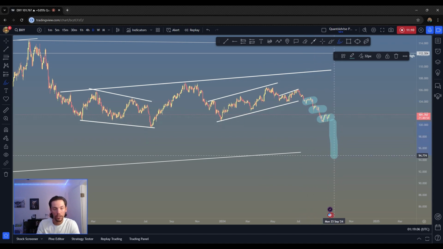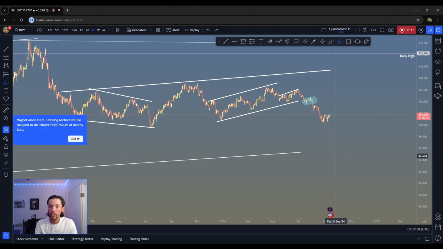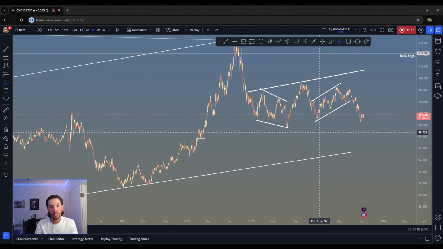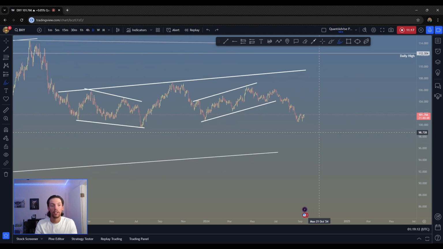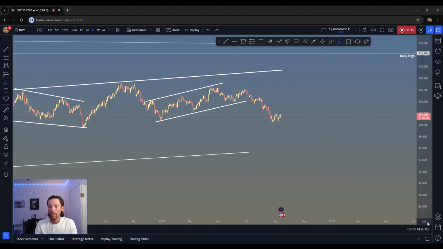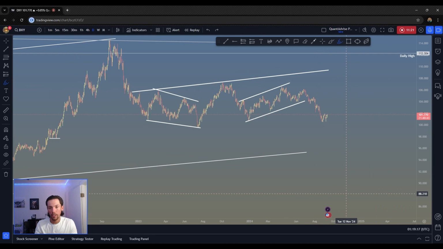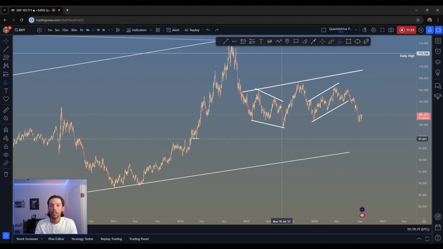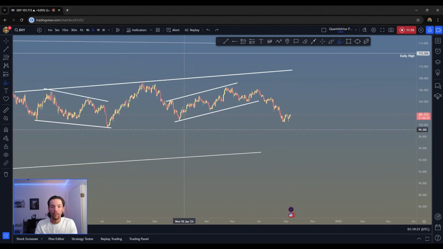So I could definitely see some lows on the dollar. I'm loving how price is breaking out of this. And this is still the daily time frame.